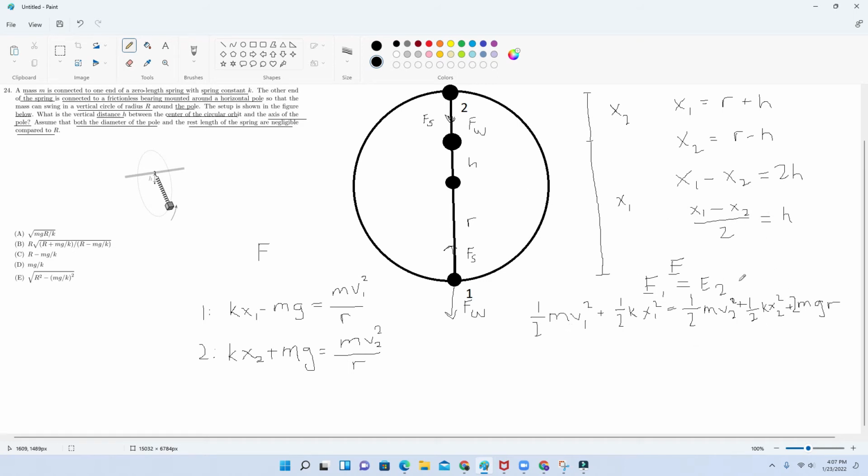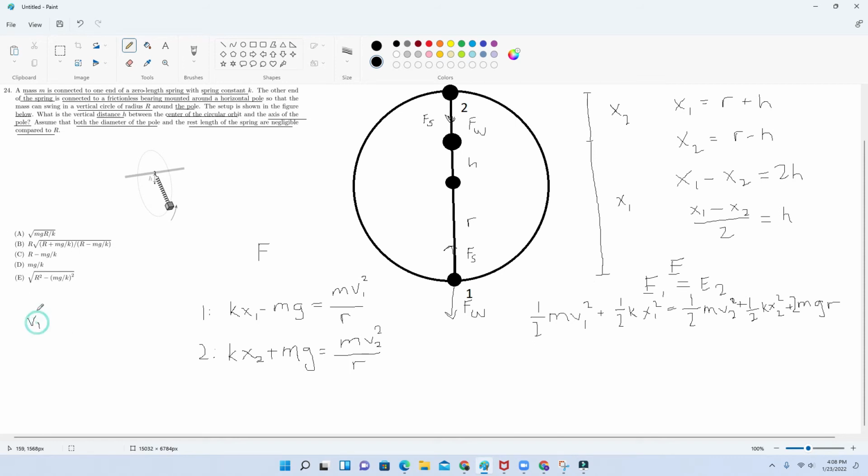And that's kind of nice because now we have everything in terms of r, g, m, x1, x2, and k, which is exactly what we want. We want to get rid of these v1 and v2 variables. So to do that, we just need to solve. We don't even honestly need to solve for v1 by itself. We can solve for v1 squared, because anyways, we're going to substitute the square back into the energy equations.